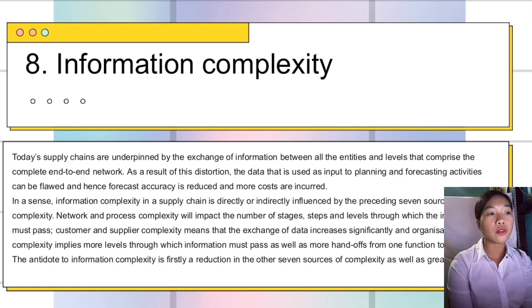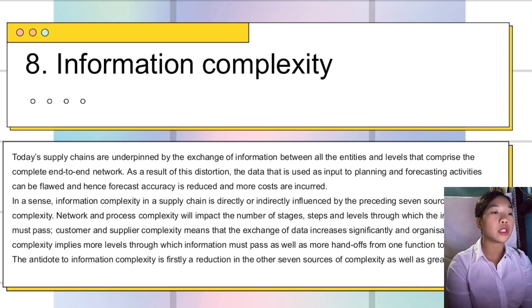As a result of this distortion, the data that is used as input to planning and forecasting activities can be flawed, and hence forecast accuracy is reduced and more costs are incurred. In a sense, information complexity in a supply chain is directly or indirectly influenced by the preceding 7 sources of complexity.